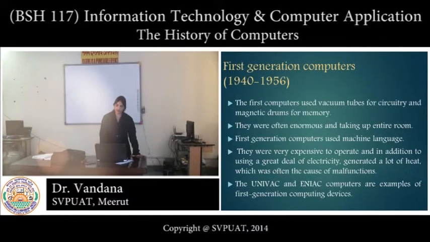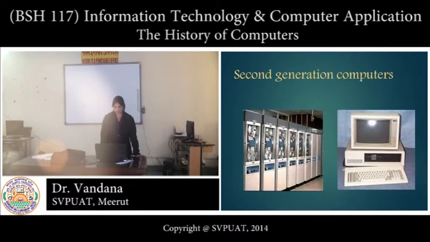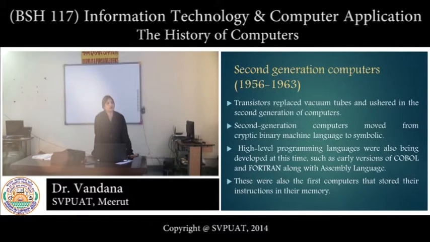People faced difficulty, and hence the development of second generation computers started, where vacuum tubes were replaced by transistors, because the use of vacuum tubes generated lots of heat and the number of vacuum tubes was large. So a number of vacuum tubes were replaced by a single transistor.